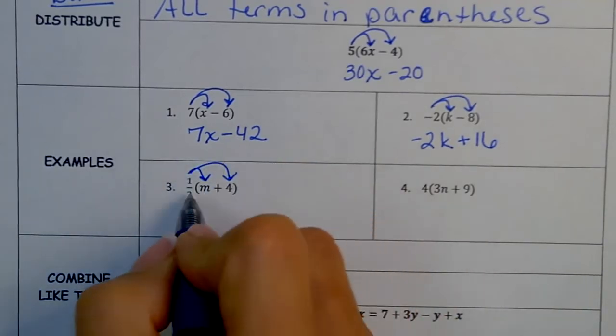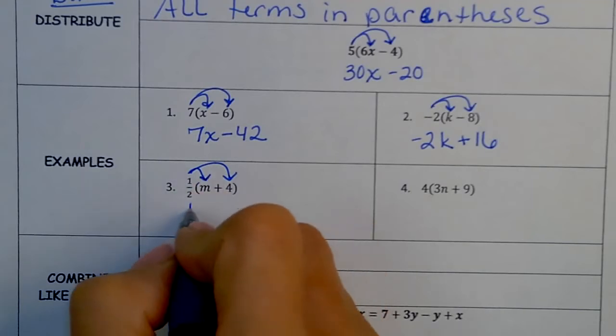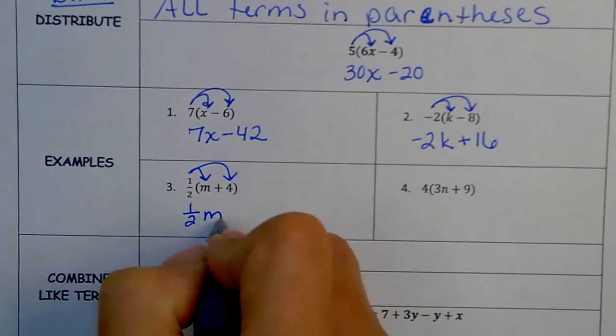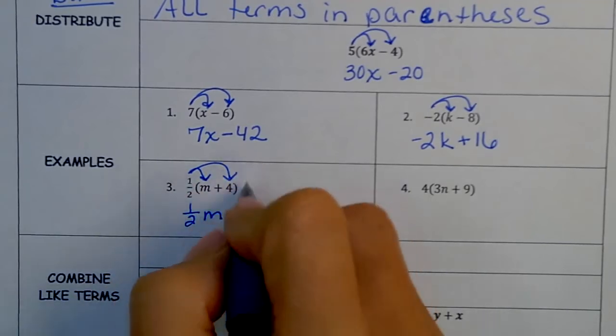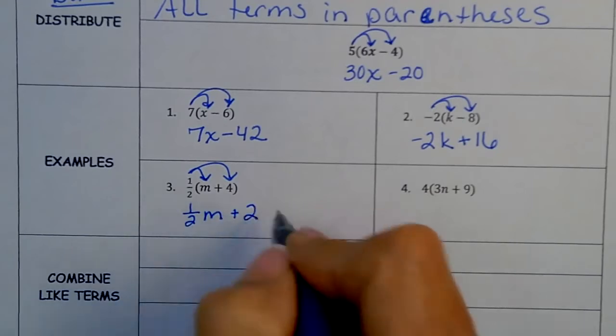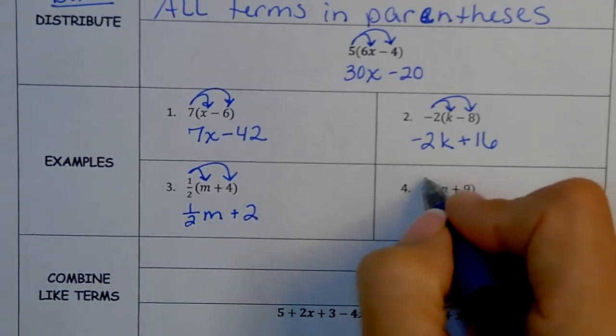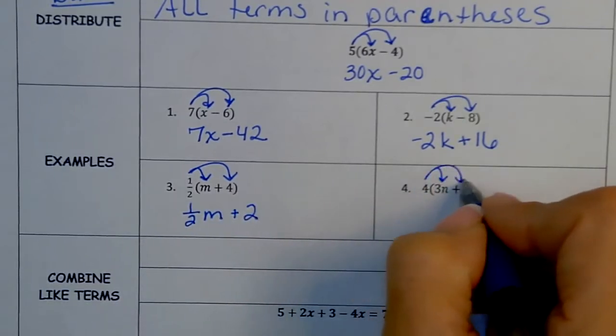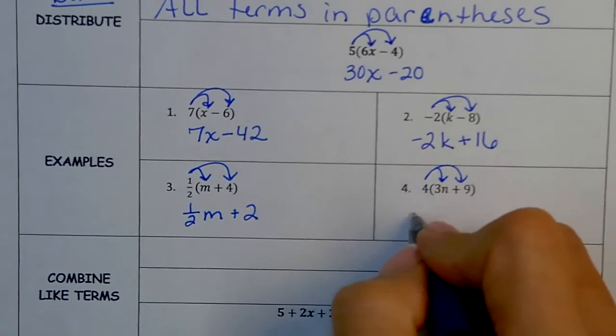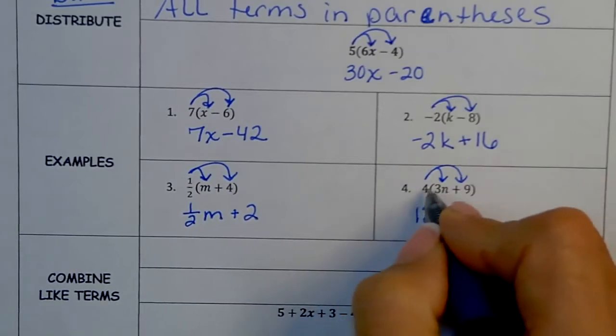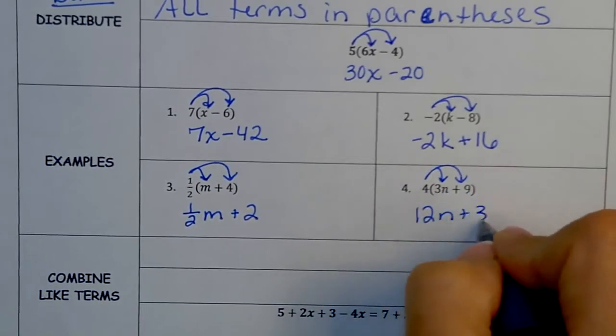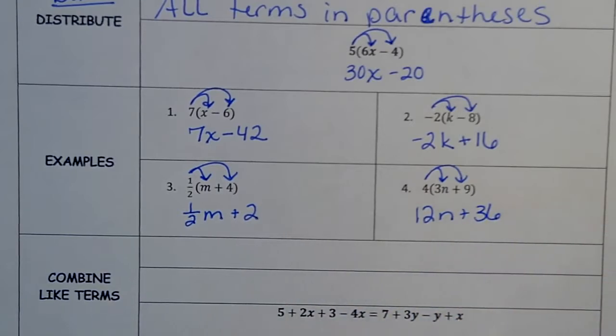Number 3. 1/2 times m is 1/2 m. And 1/2 of 4 is 2. Four times 3n is 12n, and 4 times 9 is 36.